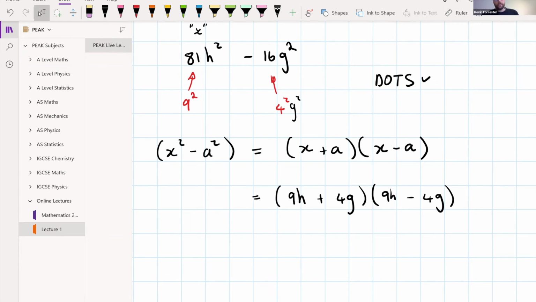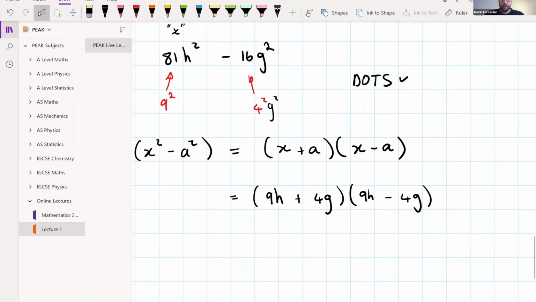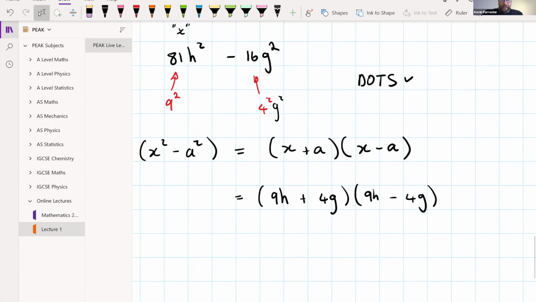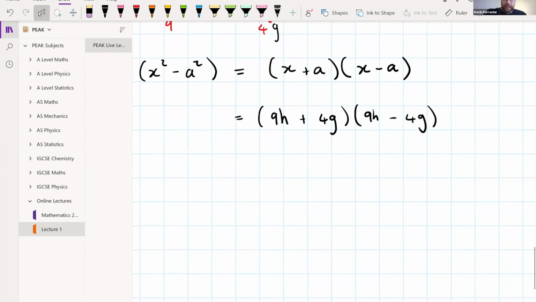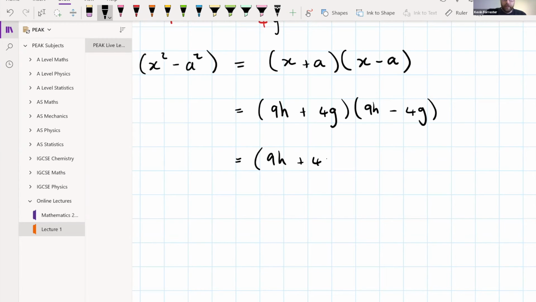Now, you can notice something. Let's see. Have we fully factorized? Because that's generally the question, right? And so if we take a look, we can see that we have another difference of two squares. Who noticed that? You can tell me later, right? So you can see we've got 9h plus 4g. That's not a difference because it's addition.